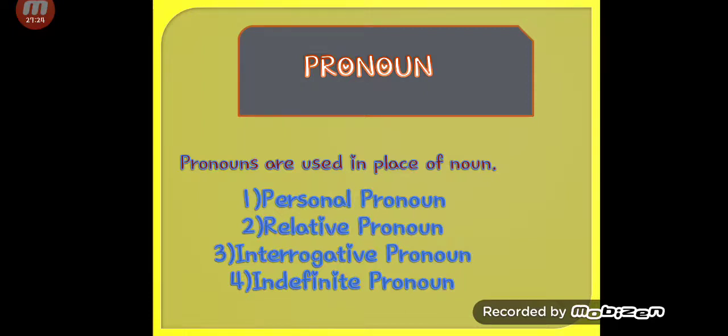Another one, the fourth type of pronoun, is the indefinite pronoun. These are used to make a general statement about a person or a thing. For example, each student will present the seminar.